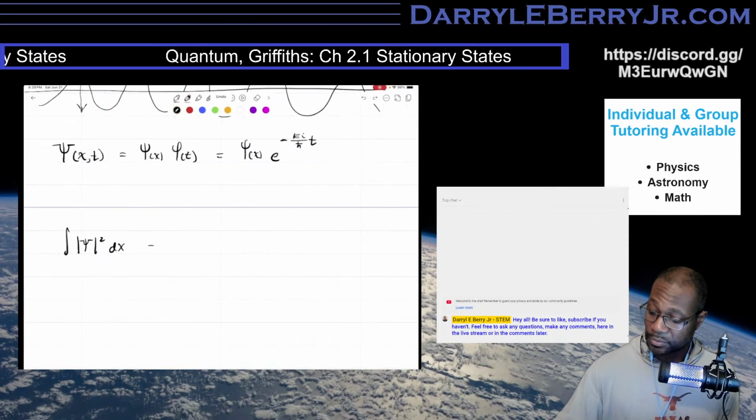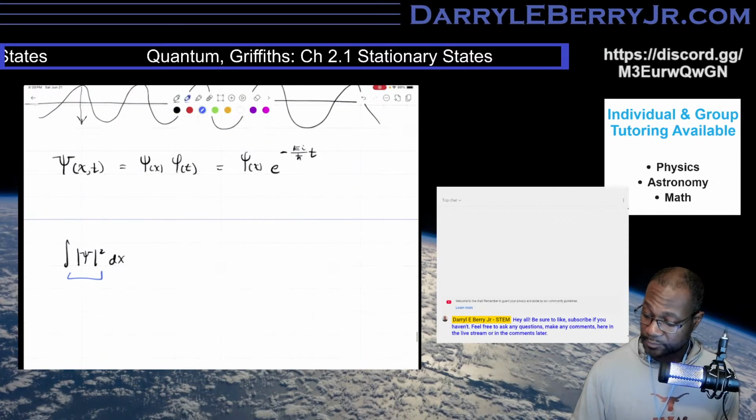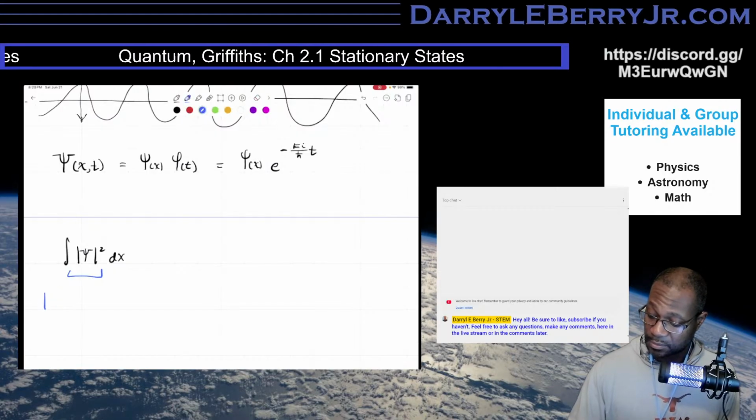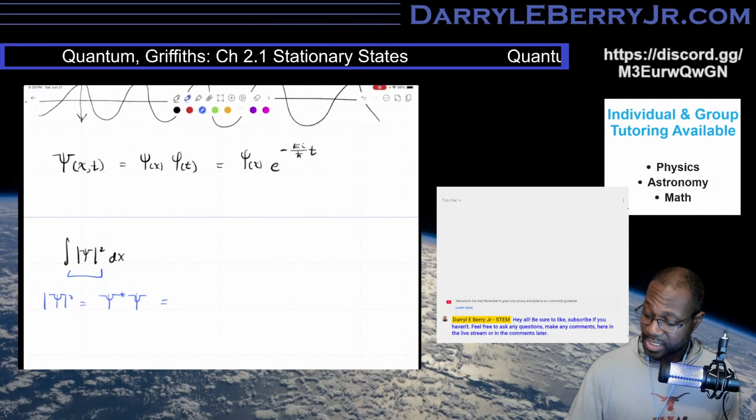So if I extract the psi squared, we know from before that the mod squared is the complex conjugate times the regular one. And the complex conjugate puts a negative wherever there is an i.